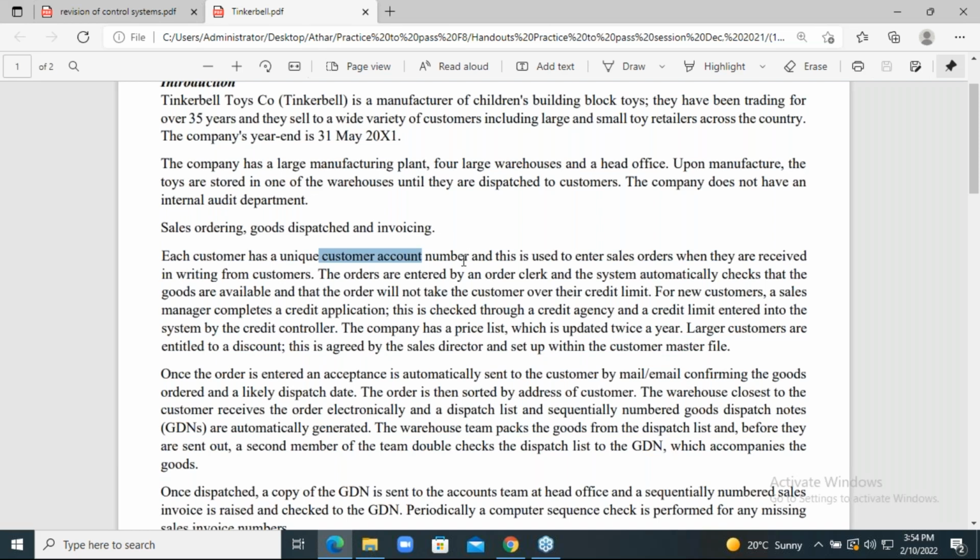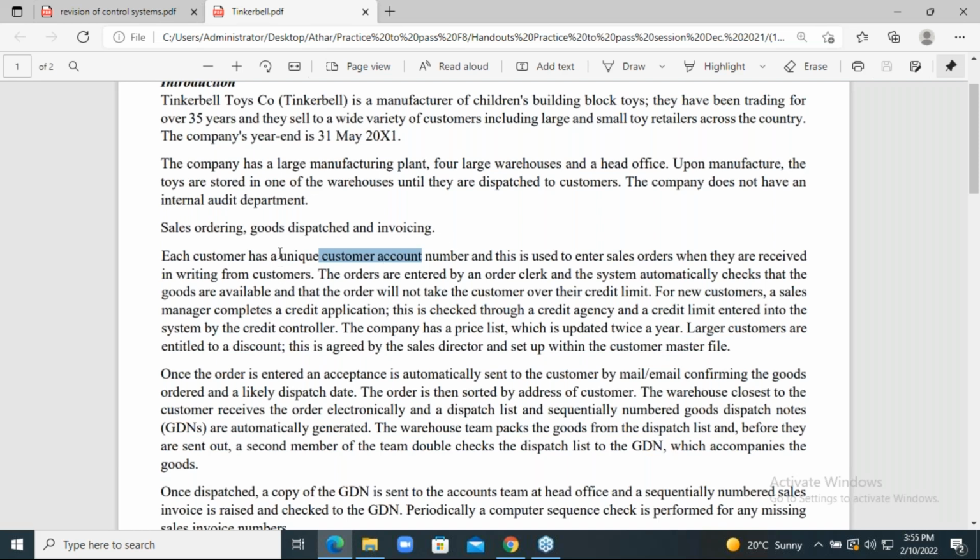This unique code number is a symbol that this customer is a registered customer, we have checked this customer, he can pay in full and he is a reliable customer with whom we can engage in a number of dealings or contracts. So this is the purpose of this unique customer account. That is how this control system is fulfilling the objective of that stage.